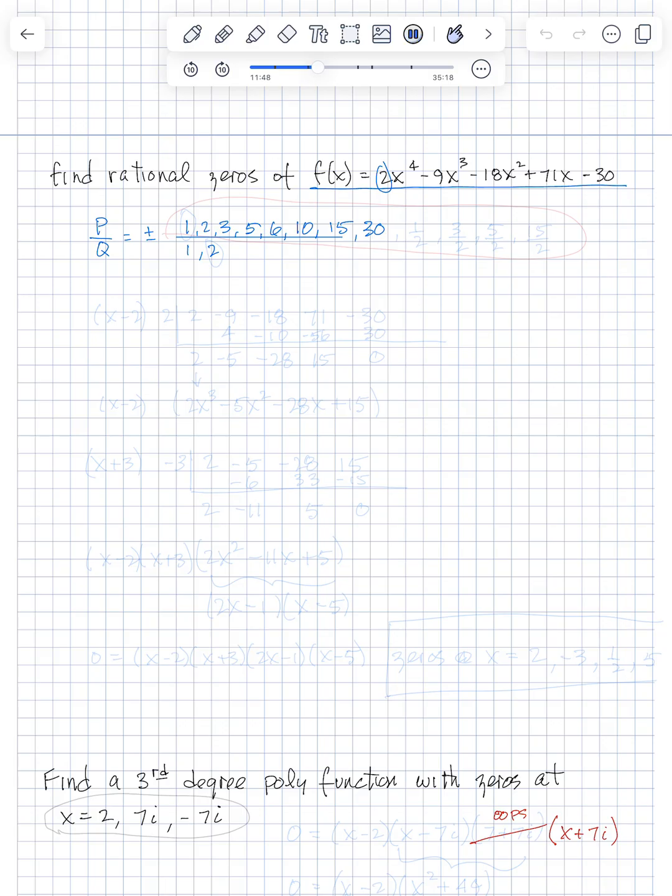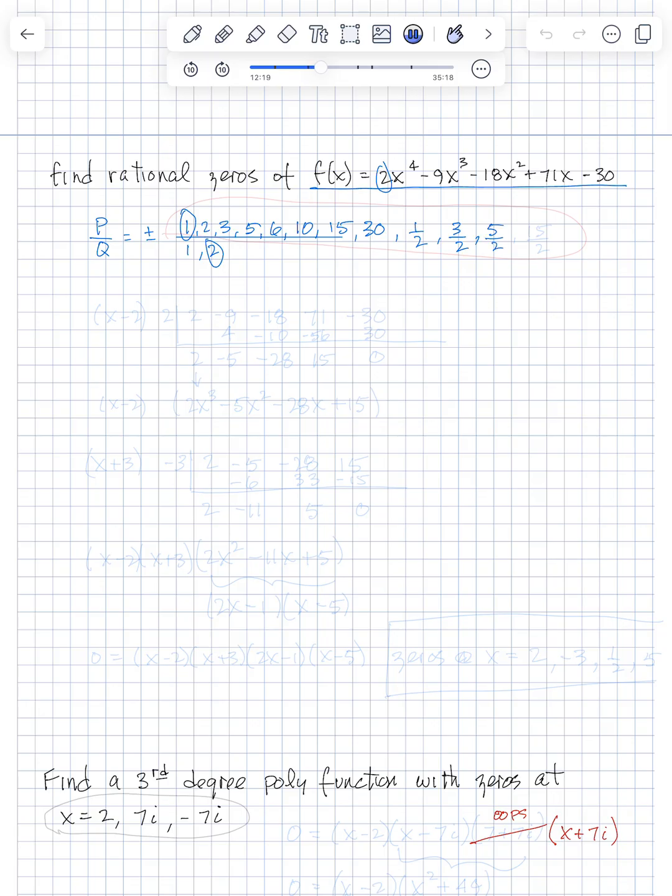So we would have a 1/2, plus or minus. These are all plus or minus. 1/2, because that's this one divided by that 2. And we have a 2 over 2, but we already have that as 1. 3 over 2 is not included yet. 5 over 2.